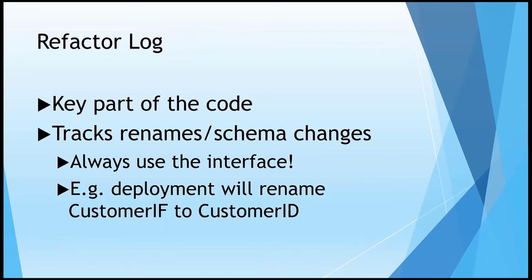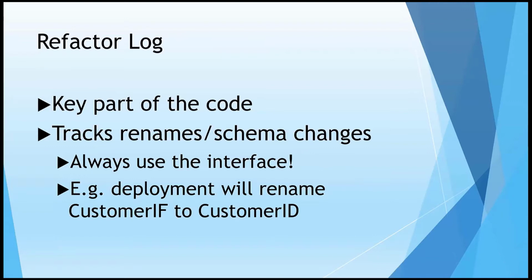The last specialist deployment action is the refactor log. This is a file that you don't need to touch at all. Visual Studio automatically maintains this for you. And it tracks any renames or schema changes that you do through the interface, and only ones you do through the interface.